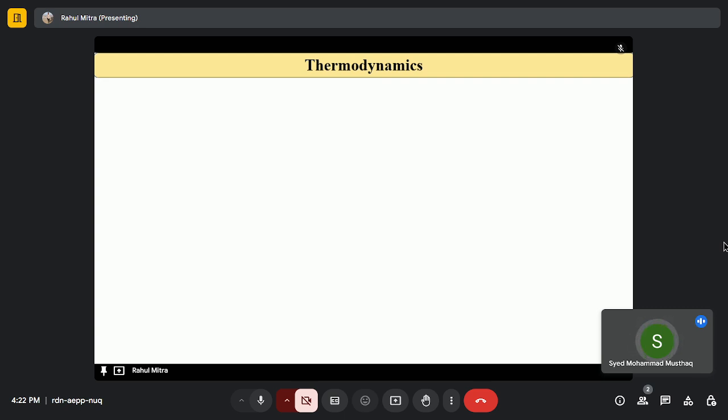Most of the session I'll be talking about the thermodynamic properties of nanomaterials. So I'll be starting with the vacancy concentration dependence on the size of the nanoparticle.